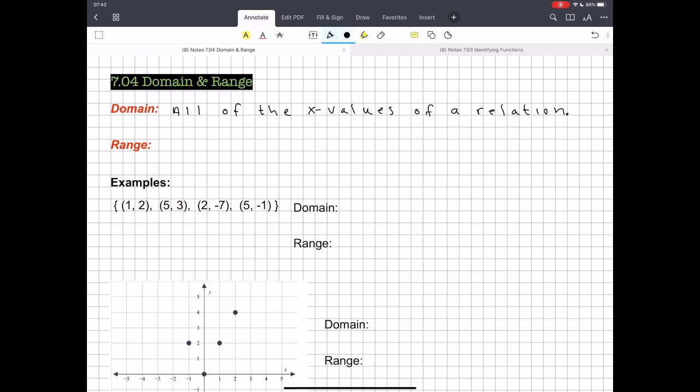That's it. So all of our inputs, anything that is an x value in an ordered pair is part of the domain. On the other hand, the range is all of the y values of a relation.